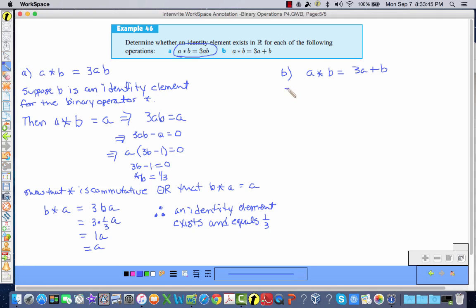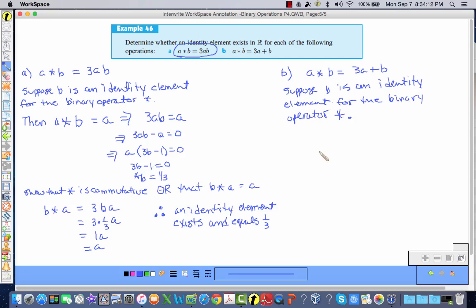Suppose B, just to be mathematically correct, B is an identity element for the binary operator star. Okay.